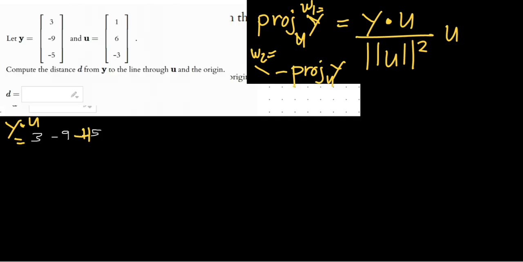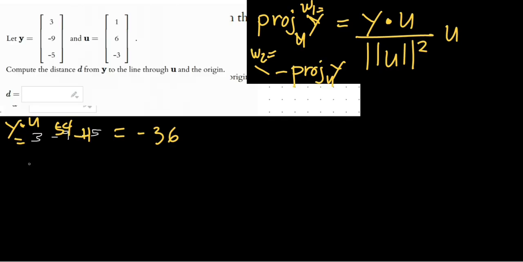So y dot u is equal to, what is that? It's negative 36. This is 54, right? 3 minus 54 plus 15. So that is negative 54 plus 18, which is negative 36.